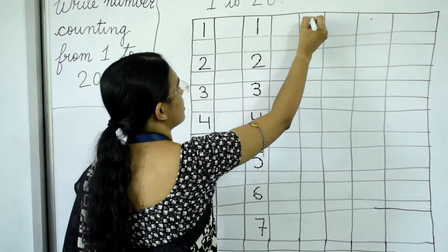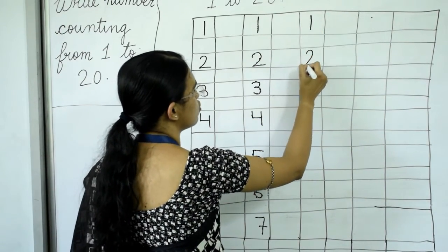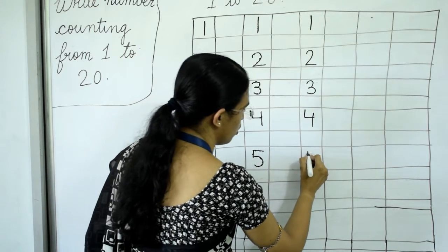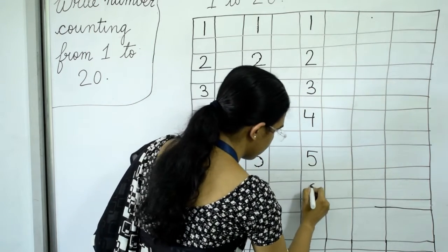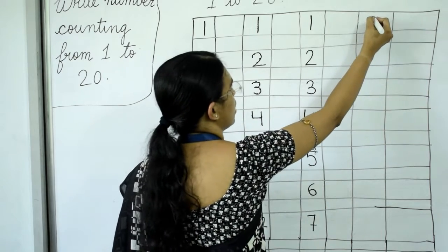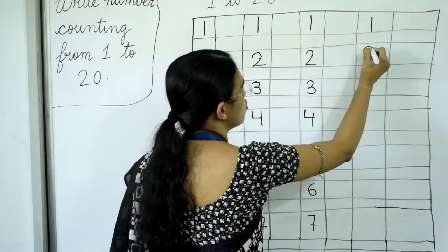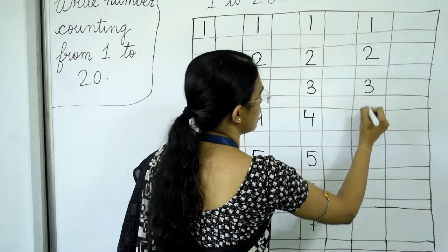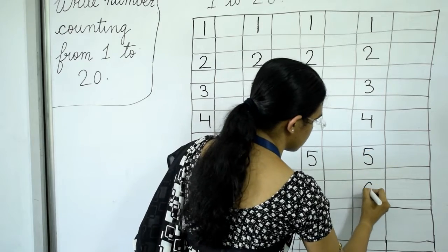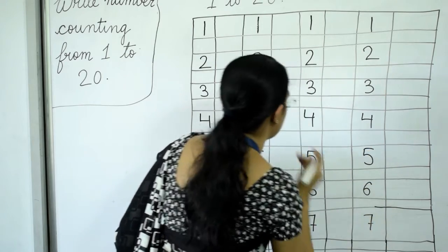Okay, so like this: 1 2 3 4 5 6 7. Again I have to write from here: 1 2 3 4 5 6 7.